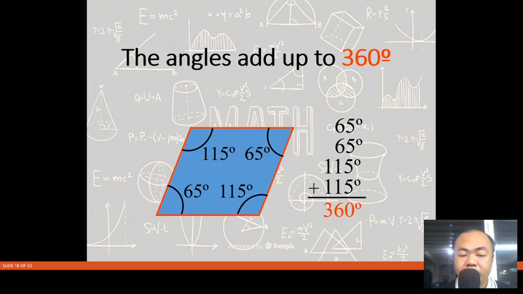We add each triangle, 180 and 180, we will get 360. Or you can see from the picture, given that the angles are 115 and 65, we will get the total equals 360.